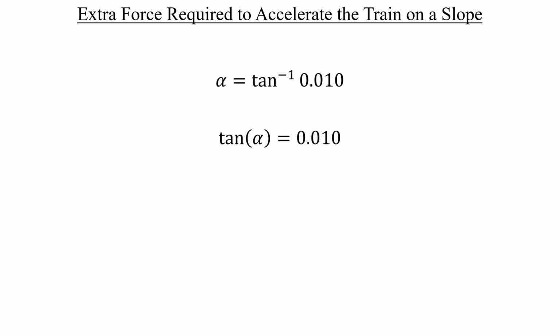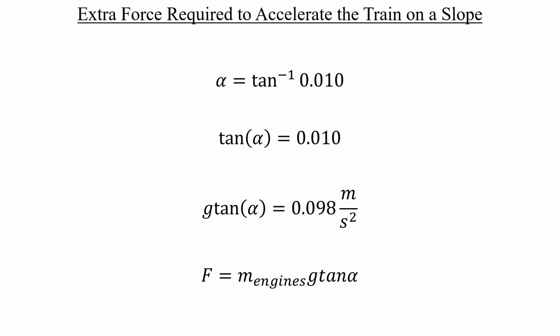It doesn't seem like this really does anything, but if we multiply both sides by g, notice that the right-hand side is just about the same acceleration we had before, 0.098 is almost 0.1, which would mean we could cut that g sine alpha out from our force equation and replace it with this g tangent alpha.